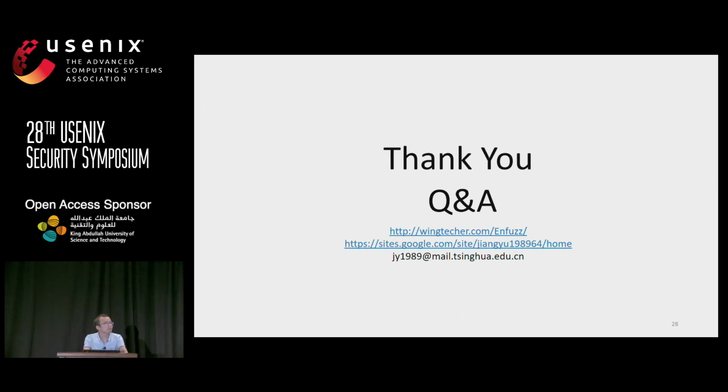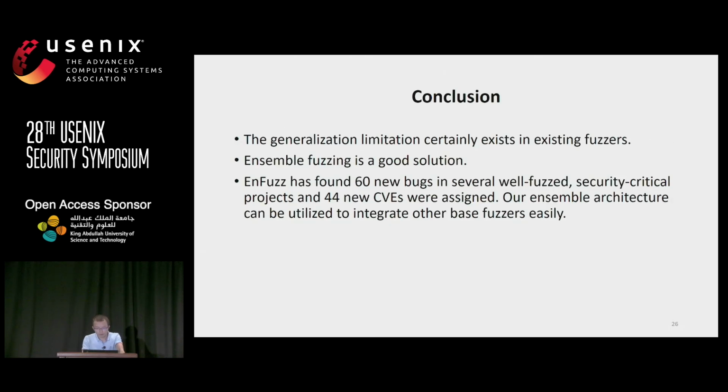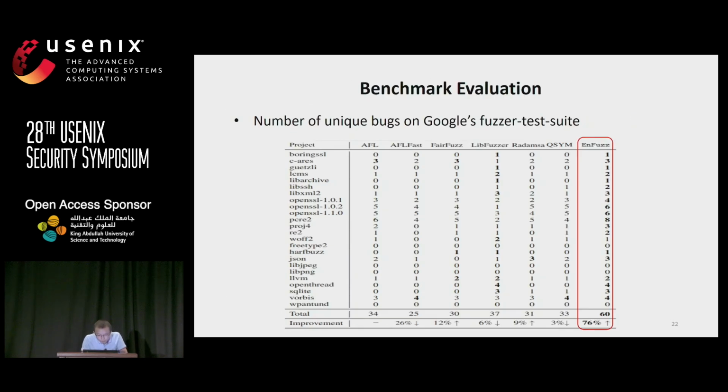Hi, this is Mohammed from USENIX. Thanks for the great project. I have a question about slide 22, about the evaluations. It shows that EnFuzz, for example, finds 60 bugs in total, but EnFuzz runs a couple of these fuzzers together.